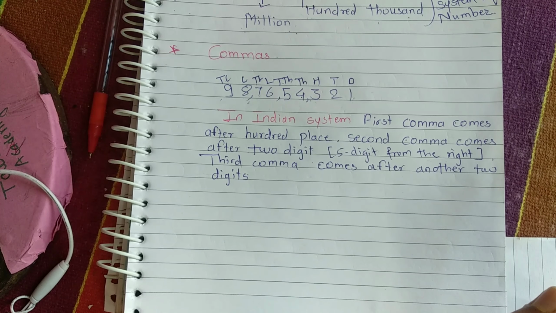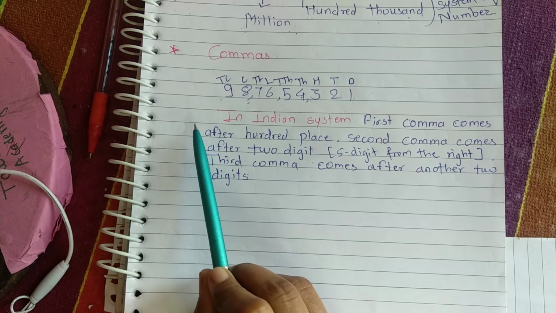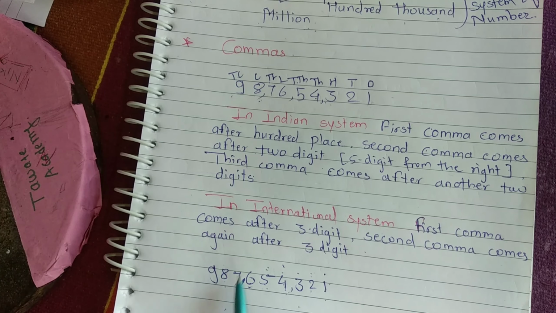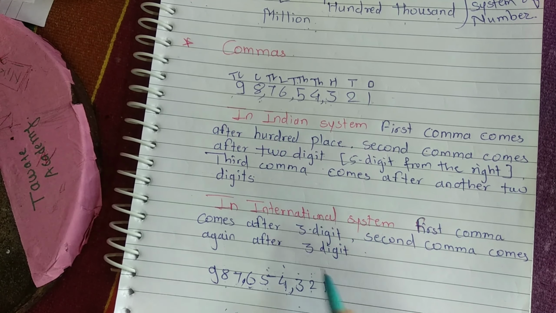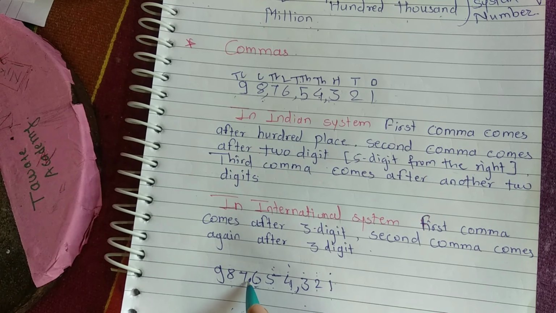Now we will see how to put commas in the international system. In international system, first comma comes after 3 digits and second comma comes again after 3 digits.